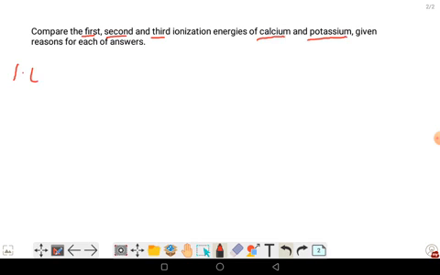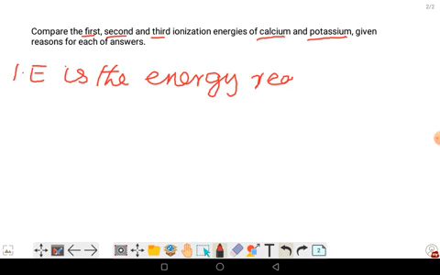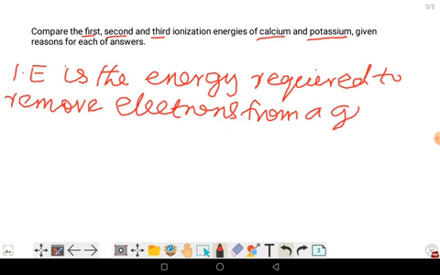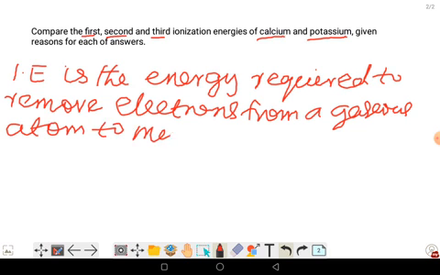That is ionization energy. Ionization energy is the energy required to remove electrons from a gaseous atom to make it positively charged.